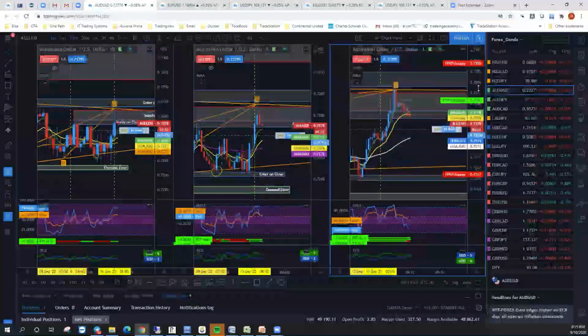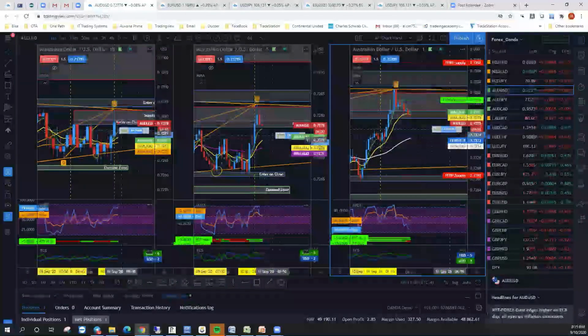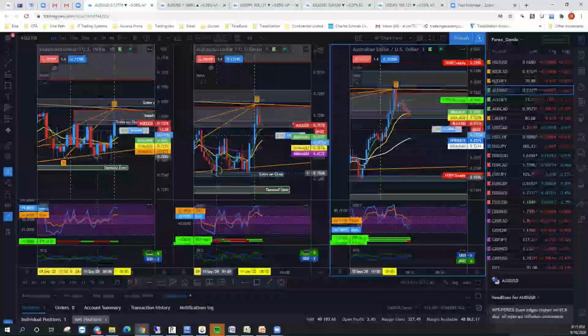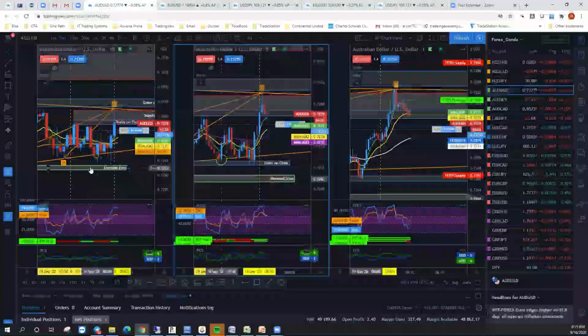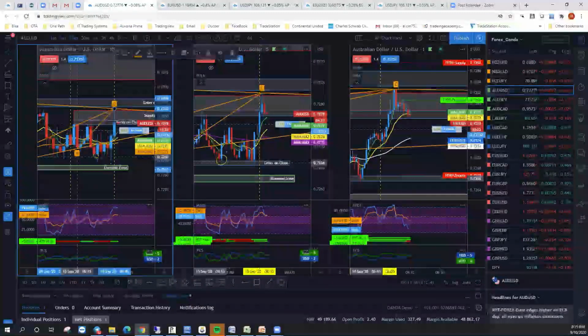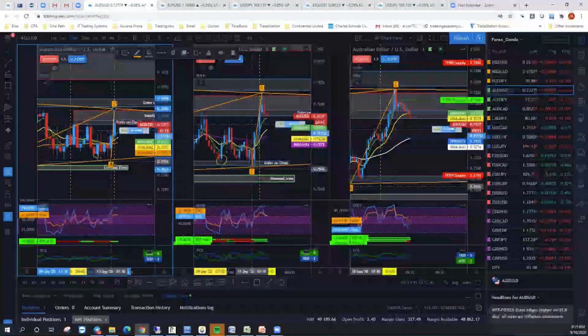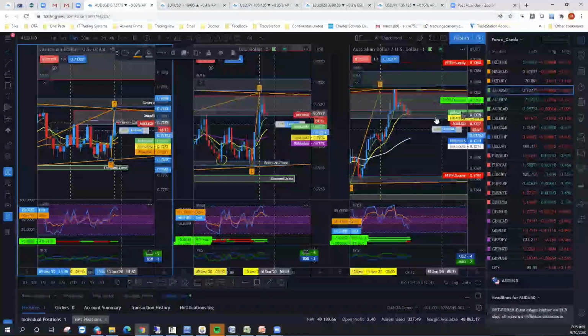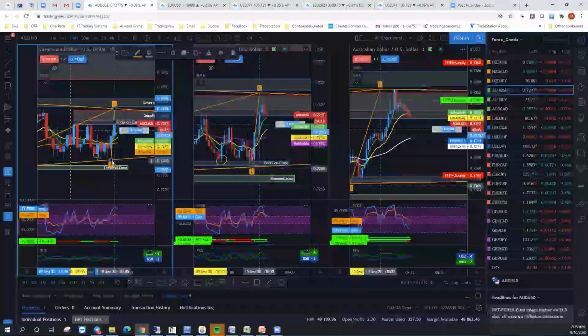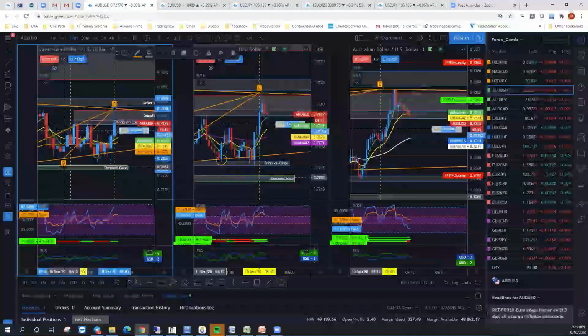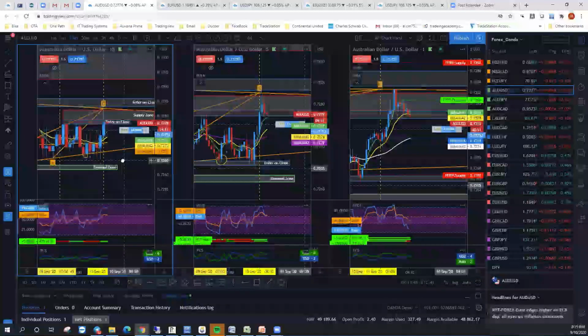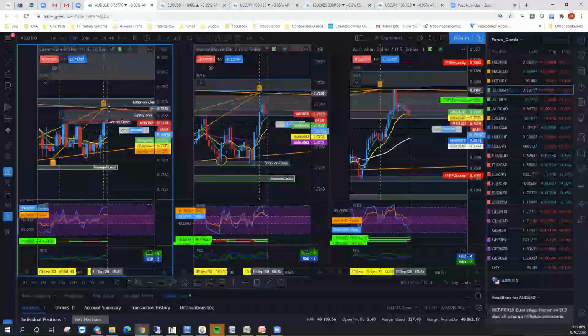It might have a little bit of a pullback first, and it could actually still go out the other side of the wedge. As we move this over a little bit, you can see I actually did make a little bit of a lower low, right before this move to the upside.